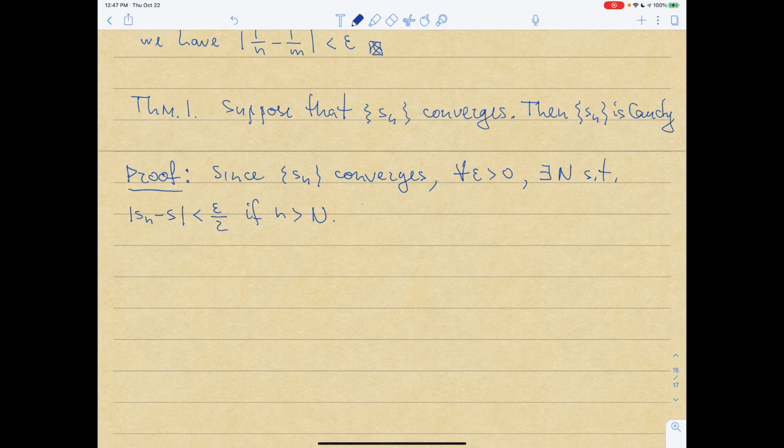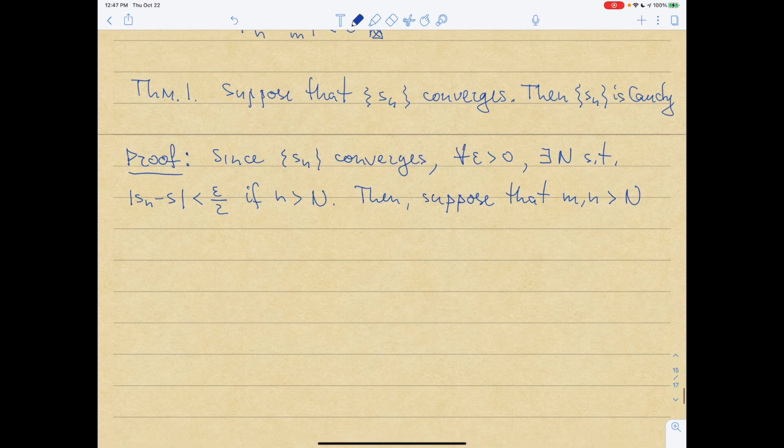Okay, so then suppose that m and n are both bigger than capital N, and consider the difference Sn minus Sm.